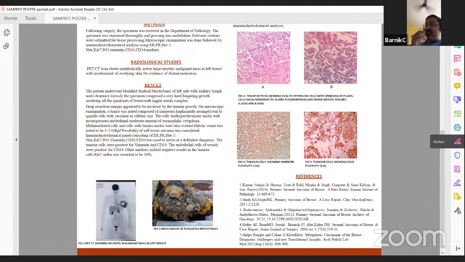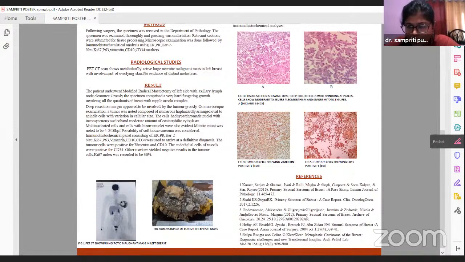Is there any immunohistochemical marker which differentiates a high-grade phyllodes tumor? Sir, we have seen in phyllodes tumor, it can be ER, PR and HER2/neu positive, but in our case, we have seen it's negative. ER, PR, HER2/neu are all negative, and CD10 is intensely positive in our case.